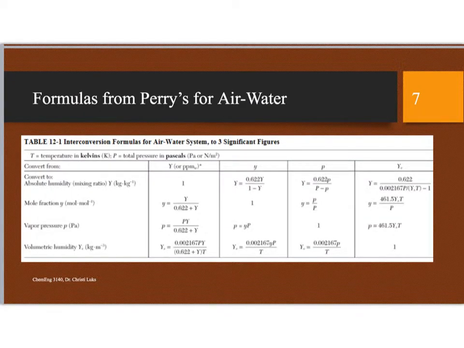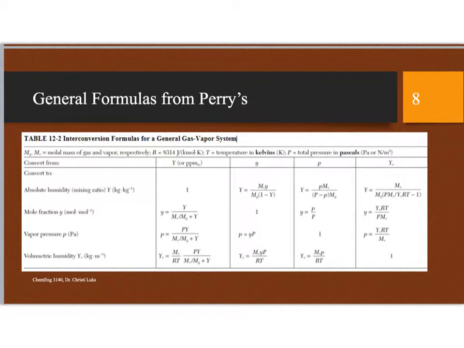There's a table of formulas in the book that are simplified for the system of air and water, valid to 3 significant figures. And so based on that, we end up with some simple formulas that relate pressure, mole fraction, humidity, temperature, etc. And this is another page of it, but this is going to be for a general system.